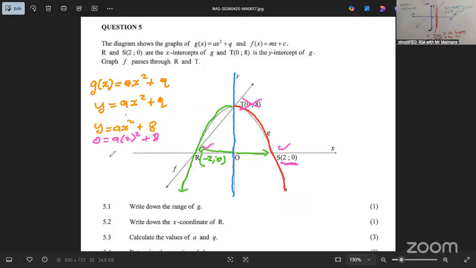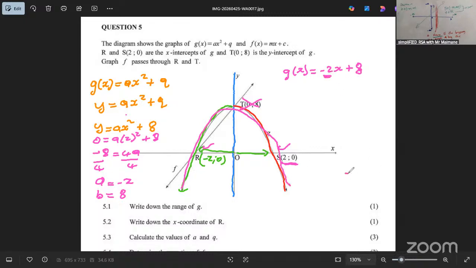Therefore minus 8 is equal to 4A. Therefore, divided by 4 on both sides, A is going to be minus 2, which makes perfect sense. So A is minus 2, Q is 8, such that your g of x would be minus 2x squared plus 8. And it makes sense why it is concave down, because it has a negative A.